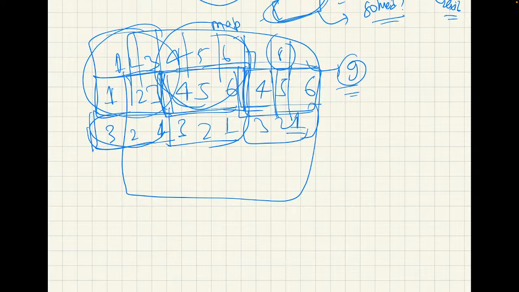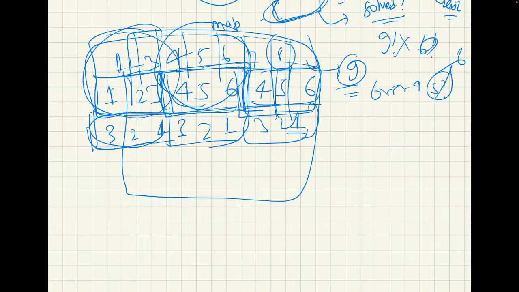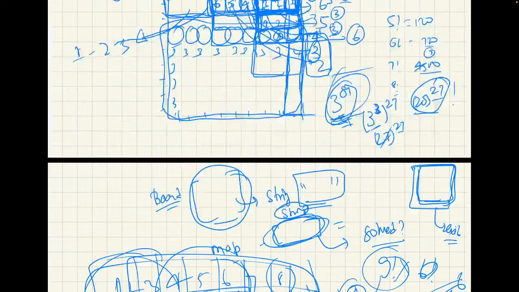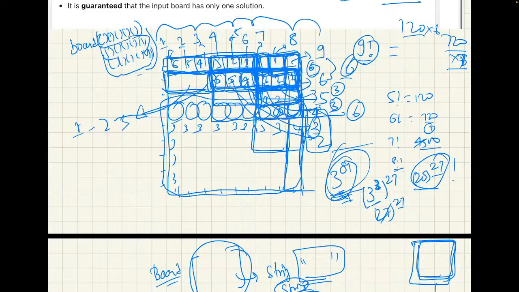Even if I talk about this, it is 9 factorial multiplied with 6, 5, 4, 3 factorial, which is 720. 9 factorial, let me check what it was. 8 factorial was 40,320, multiply with 9 is 3,60,000. 3 into 10 to the power 5 is just the 9 factorial.